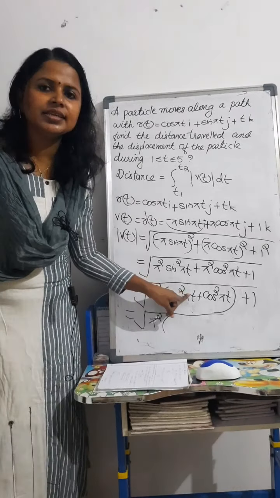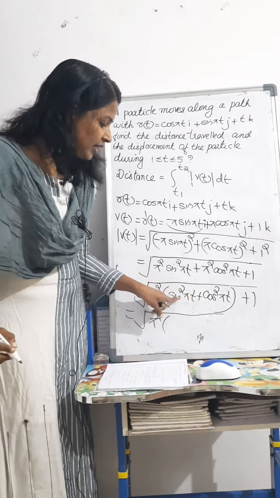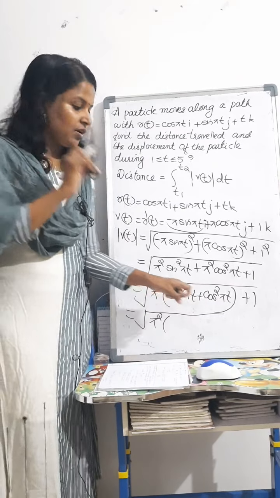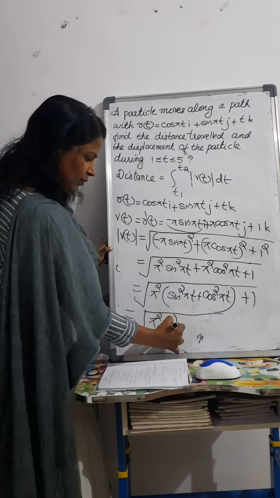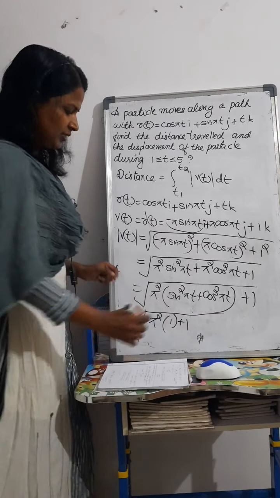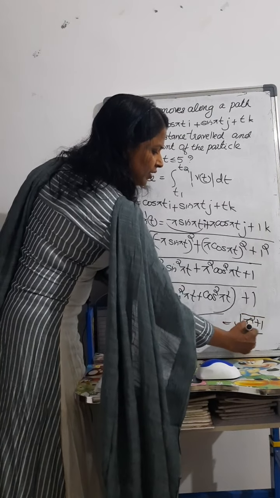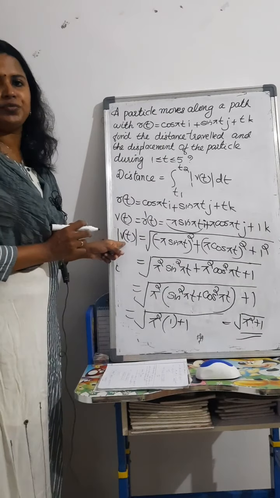What is sin square theta plus cos square theta? It is 1. So 1 plus 1, and we get the root of pi square plus 1. This is mod v of t.